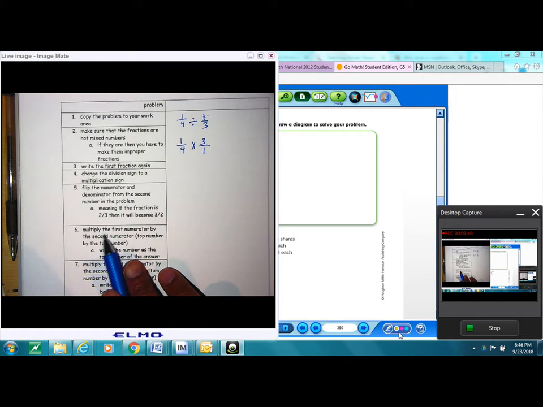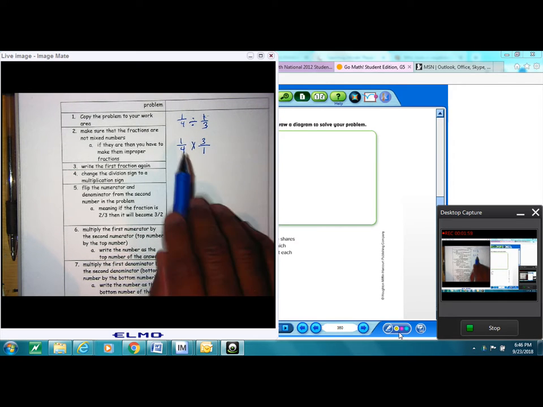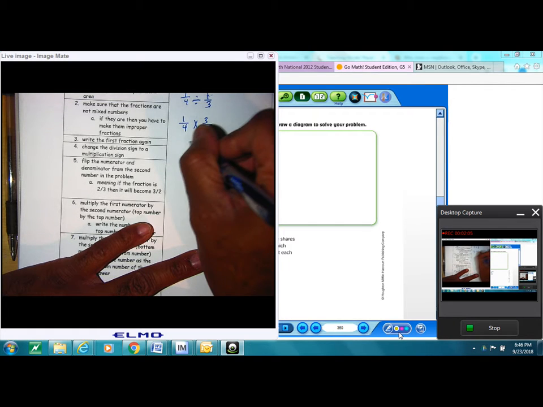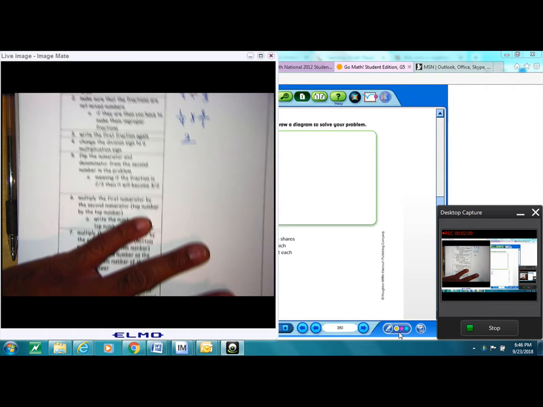Then they want me to multiply the first numerator by the second numerator, or the top number by the top number. That means they want 1 times 3. And I'm going to put that right here. 1 times 3 equals 3.